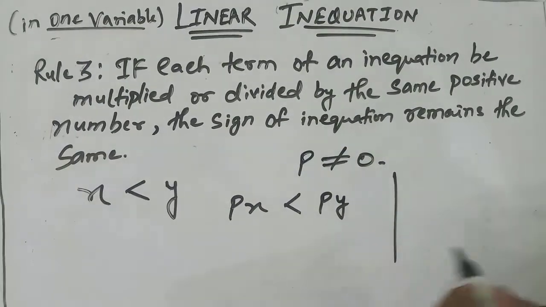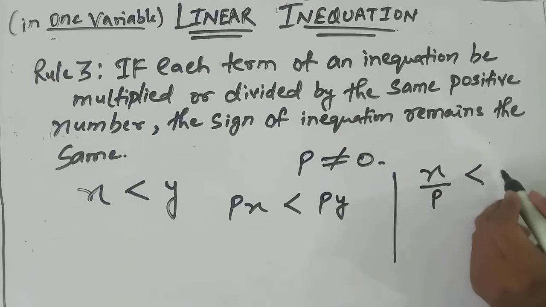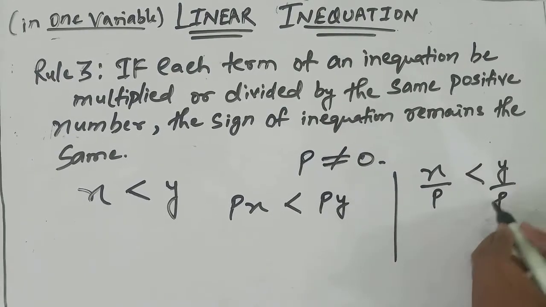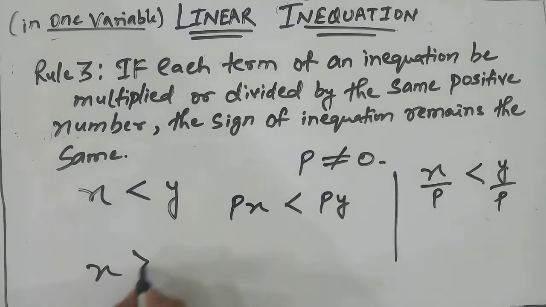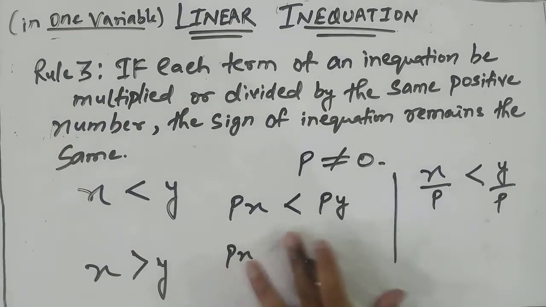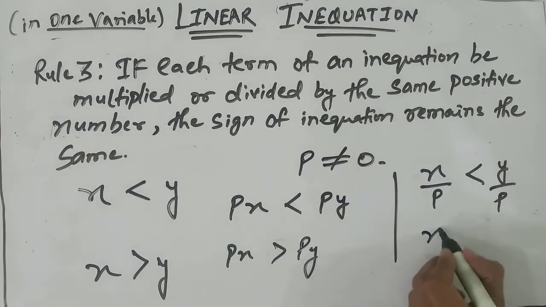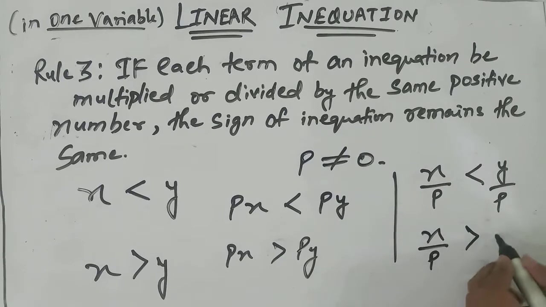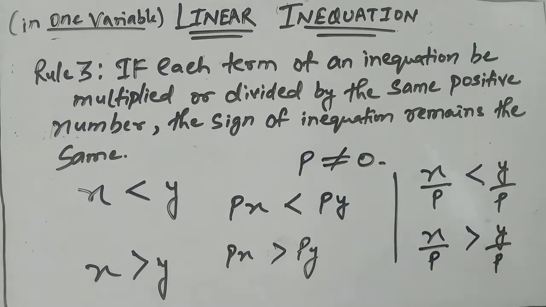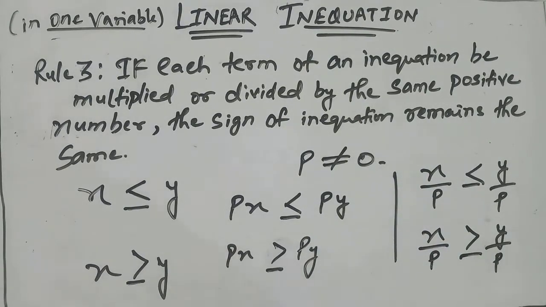Similarly, when we divide by p, then x upon p is less than y upon p, the same sign. Similarly for x greater than y also, px is greater than py, and x upon p is greater than y upon p. Similarly for equals to also, the sign will remain the same.